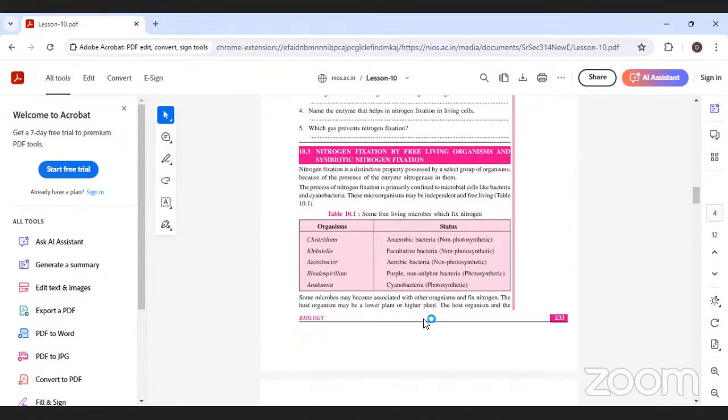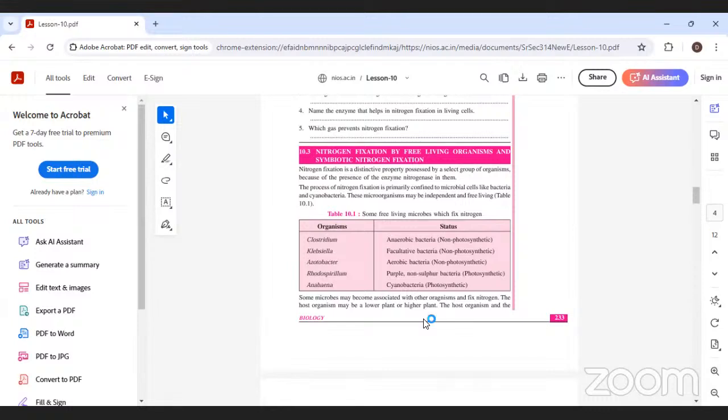Nitrogen fixation in biological systems is of different types: first, nitrogen fixation by free living organisms, and second, symbiotic nitrogen fixation.